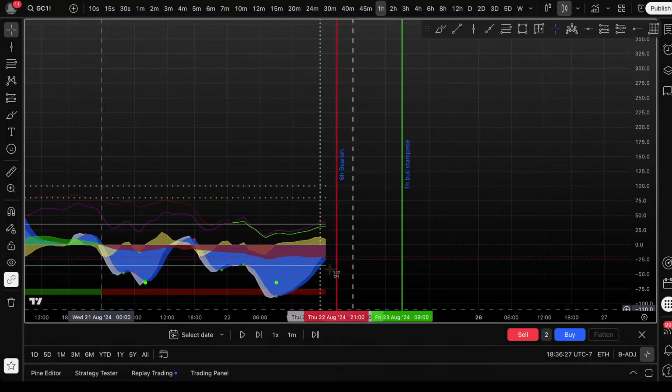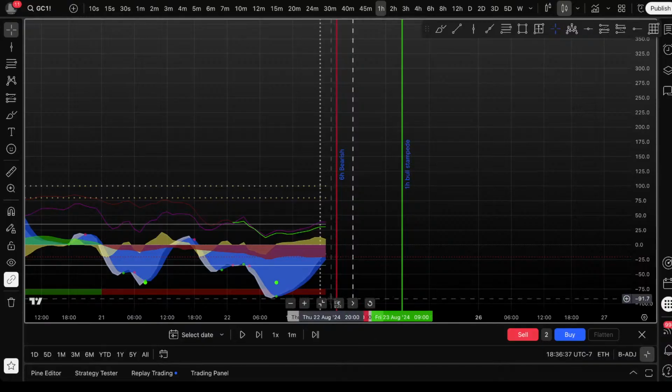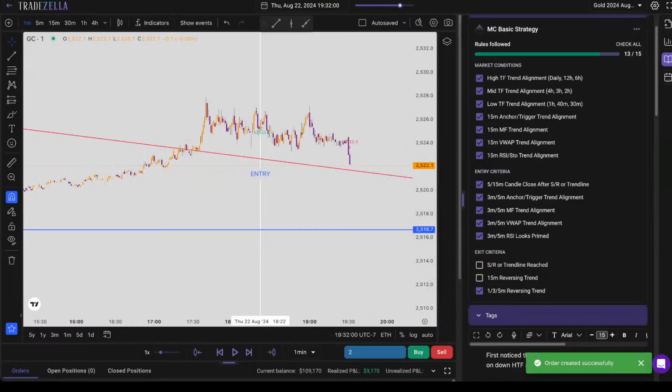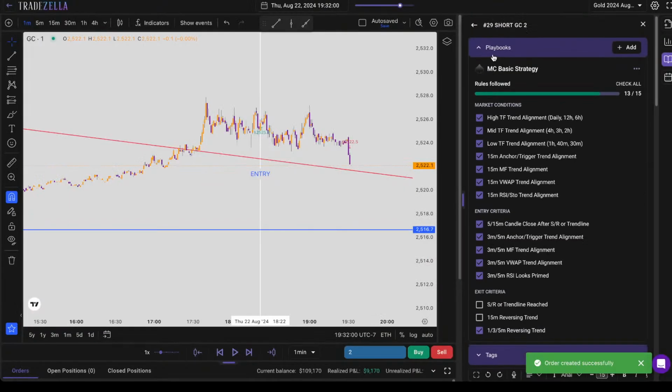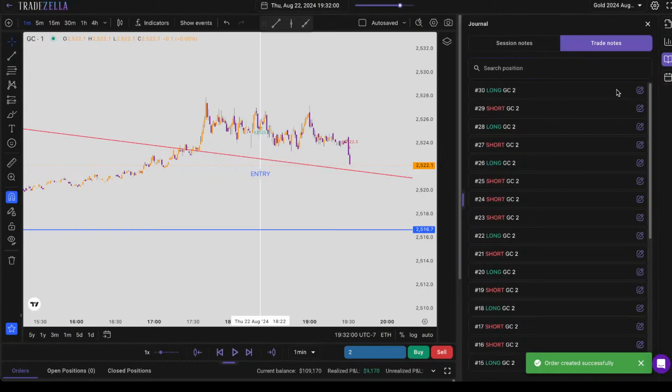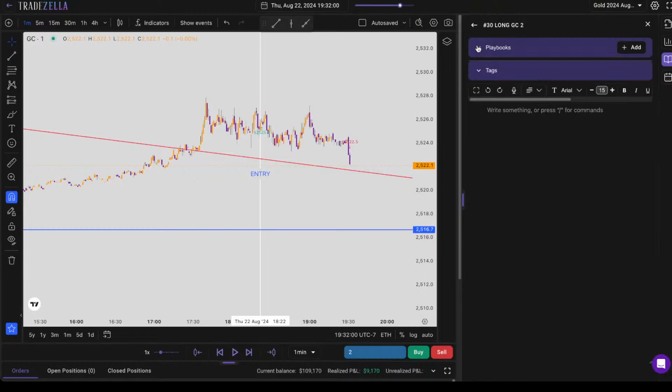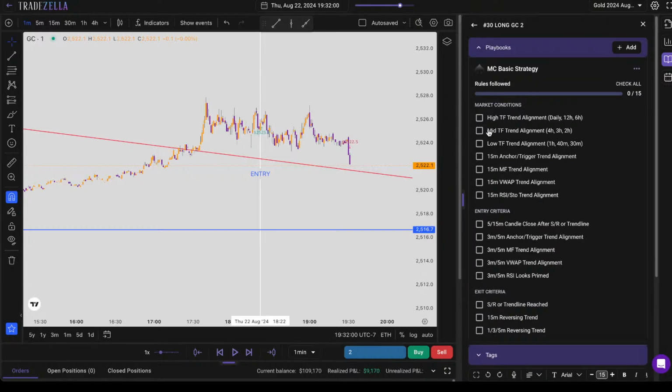All right, so we thought this right here. In fact, let's make sure we get a picture of that bearish, because we are guilty. All right. So we took a long here. We did not have high time frames.